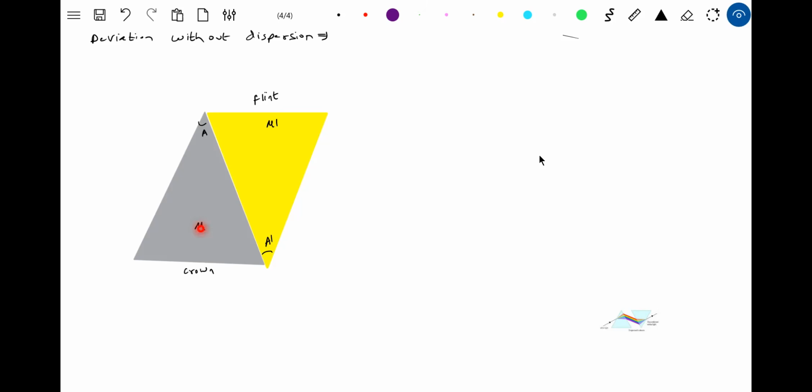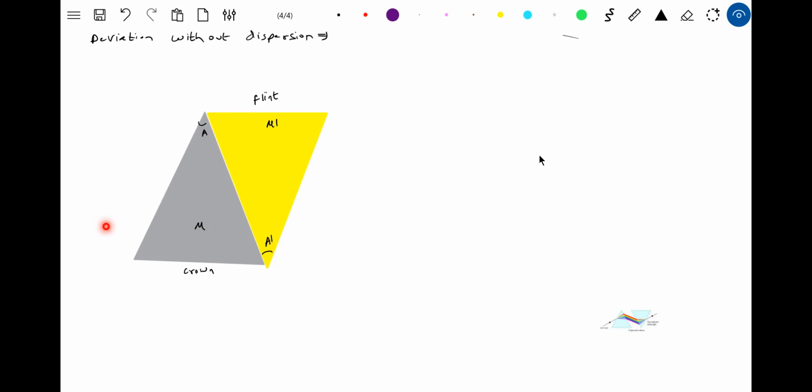Suppose mu for crown is 1.57 and for flint it will be 1.59. There is a slight difference in the refractive index of the two materials. I'll make them prisms of different small angles. Again, we are discussing small angle prisms. So this is called a combination. I want deviation without any dispersion.